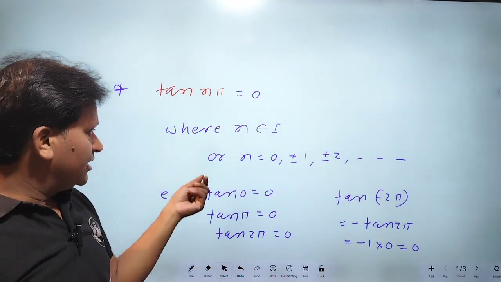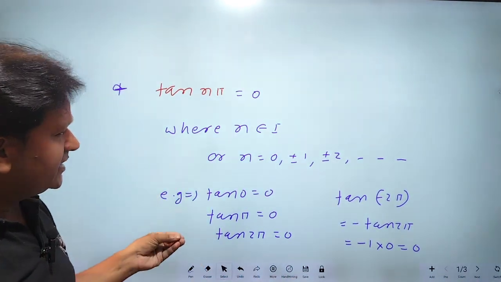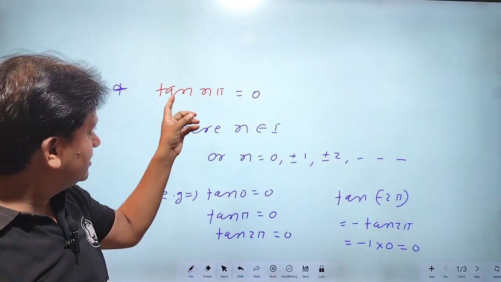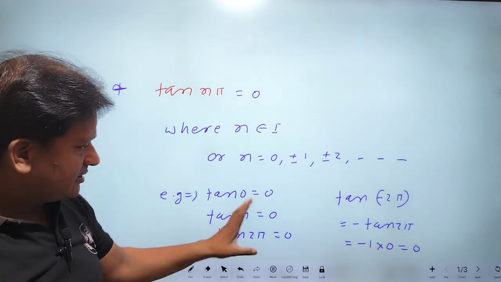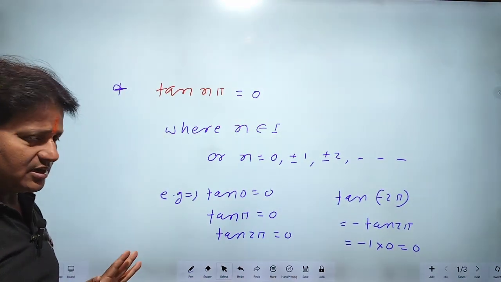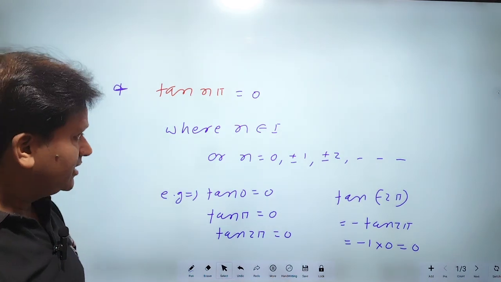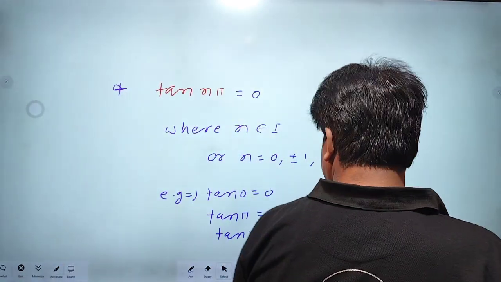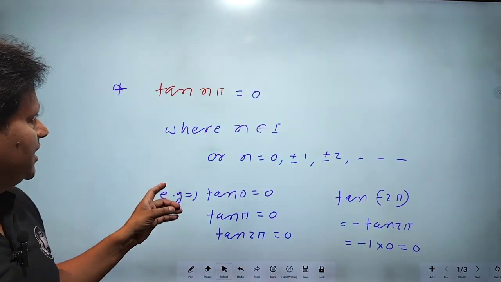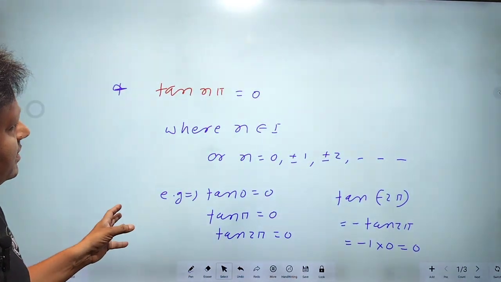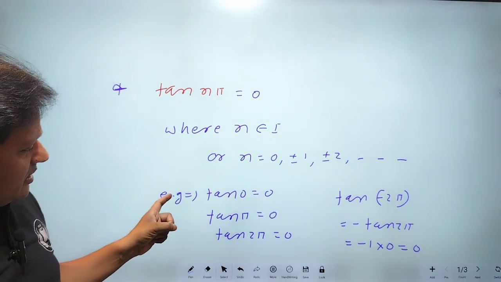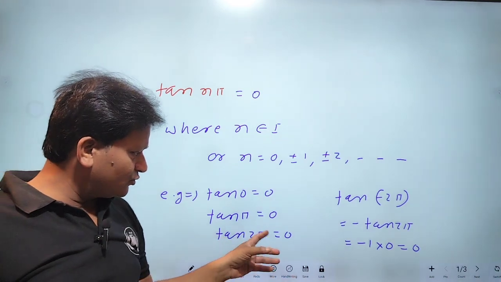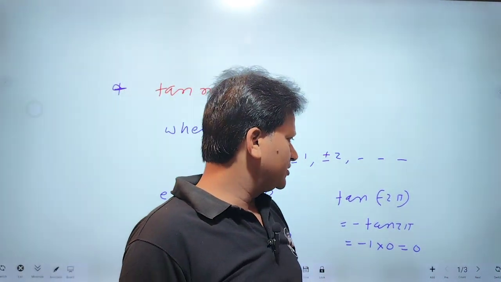If you put n equal to 1, then tan π will also be equal to 0. If you take n equal to 2, then tan 2π is equal to 0.